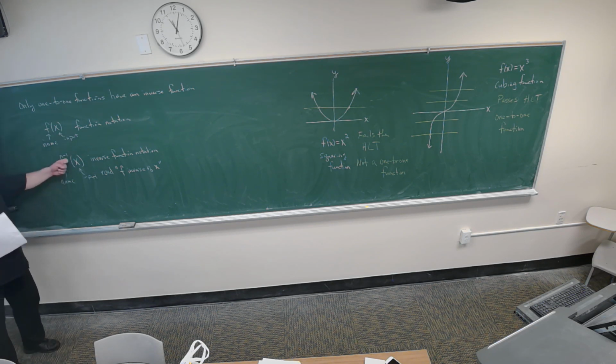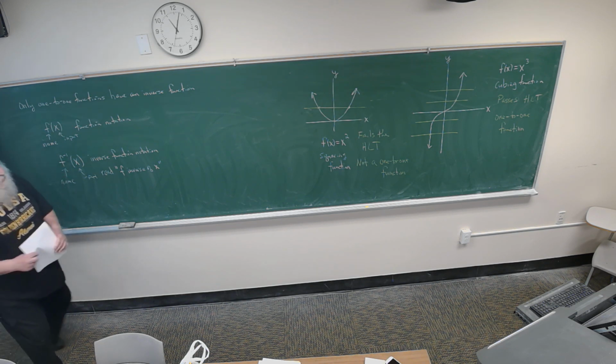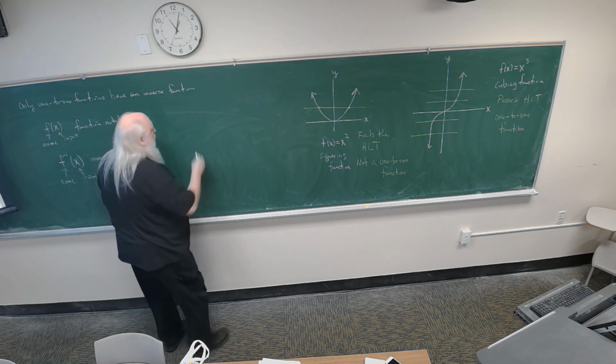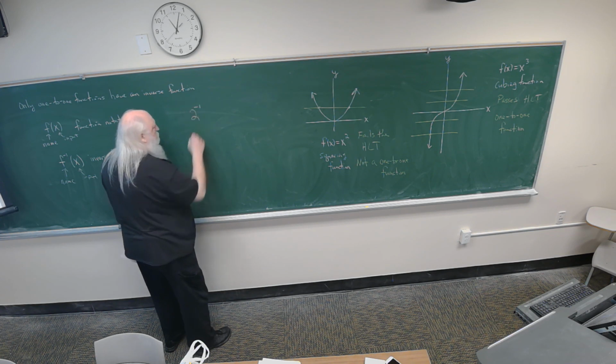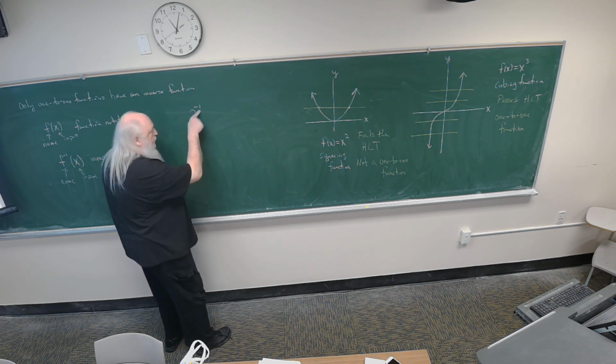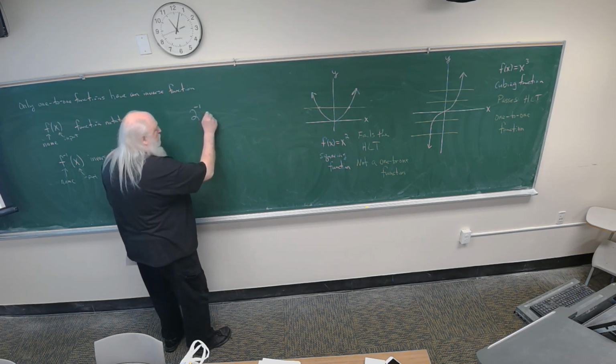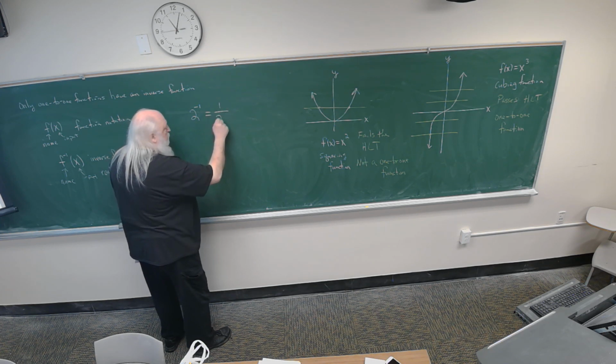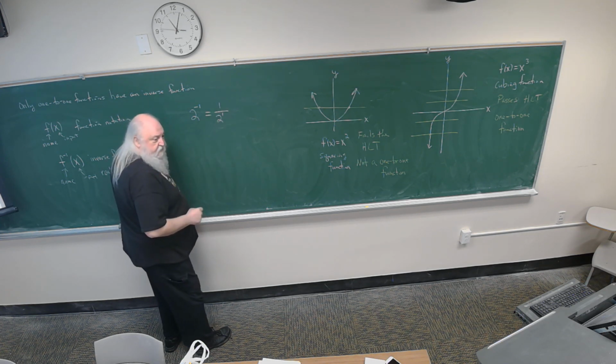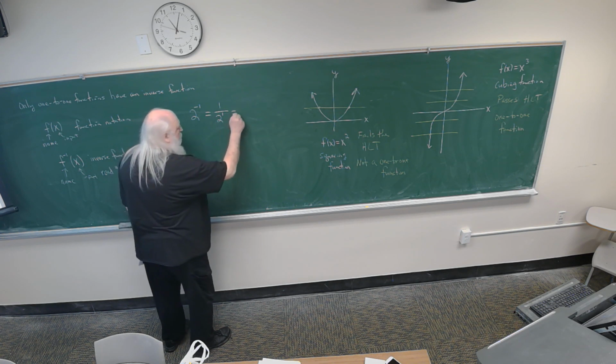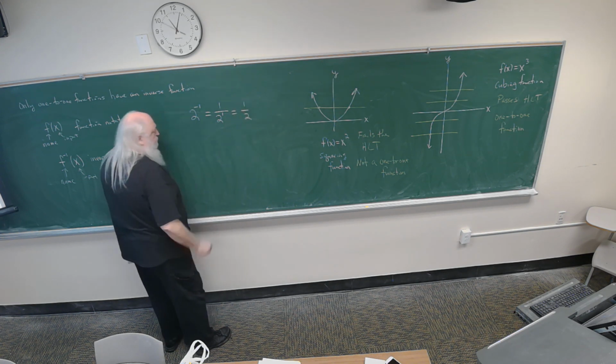The -1 is not an exponent. In algebra, if I write 2 to the -1 power, that means 1 over 2 to the first power, the reciprocal of 2, which is 1/2.